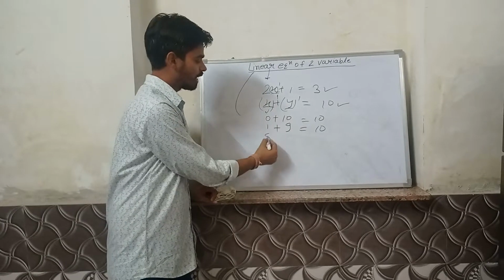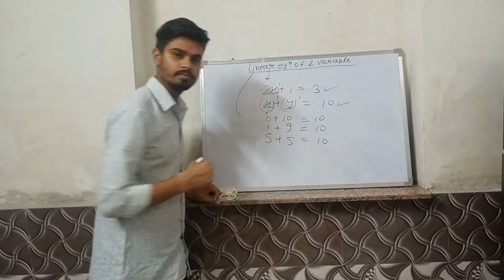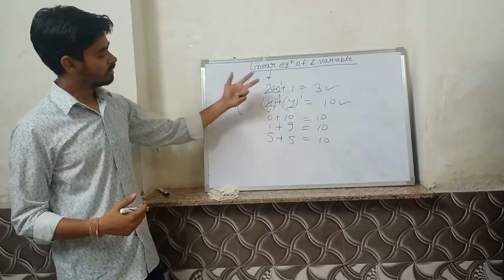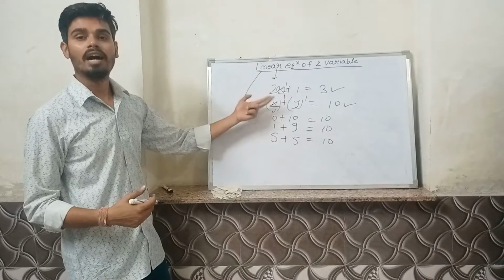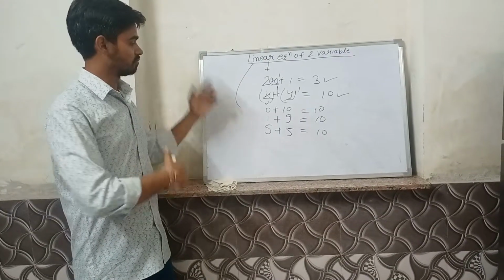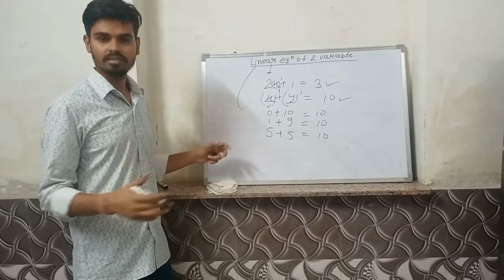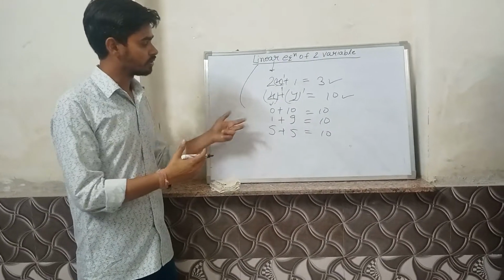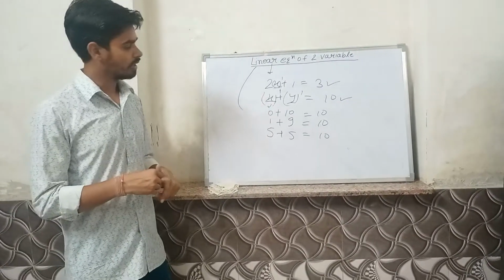And x is equal to 5 and y also 5, it also gives you 10. So how many points are going to satisfy this equation? The answer is infinite. We can't write down all the solutions, so we use a graph to demonstrate all the solutions.